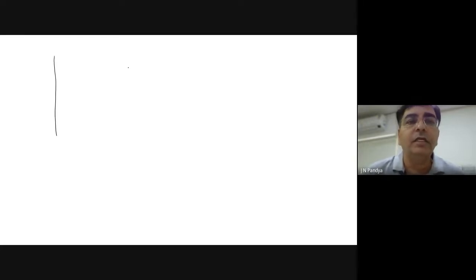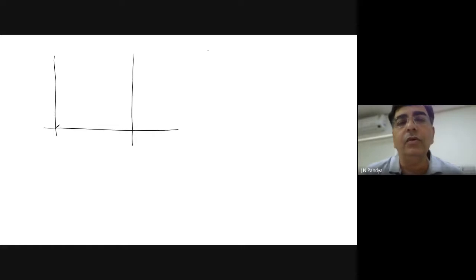This is your particle in a box problem. Assume this, suppose you are starting with this. Now, if it is your particle in a box problem, what will happen? You will say, minus h bar square by 2m d square by dx square of psi is equal to E psi.